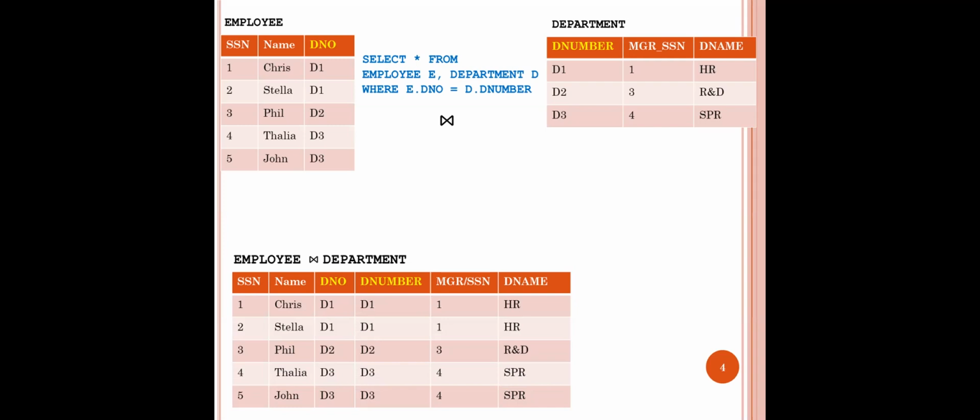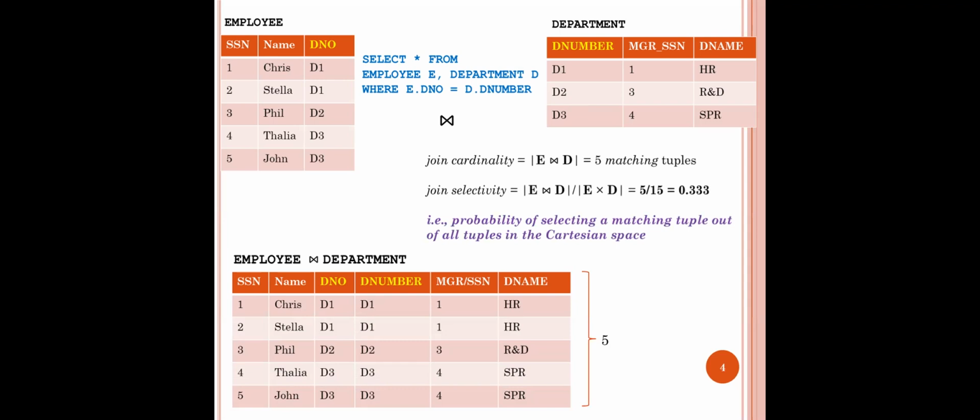Of course, we are getting 5 matching tuples, and then we are establishing the concept of the join cardinality. The join cardinality is the cardinality of this big associative relation based on the equality between the foreign key and the primary key. And then we are talking about 5 matching tuples.